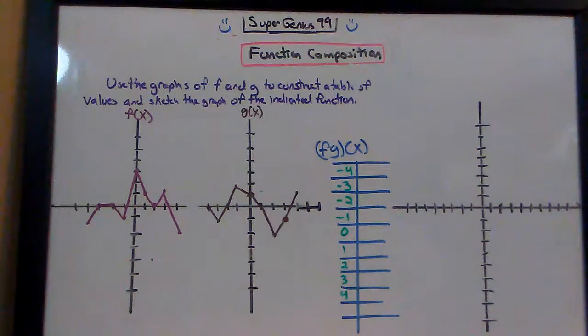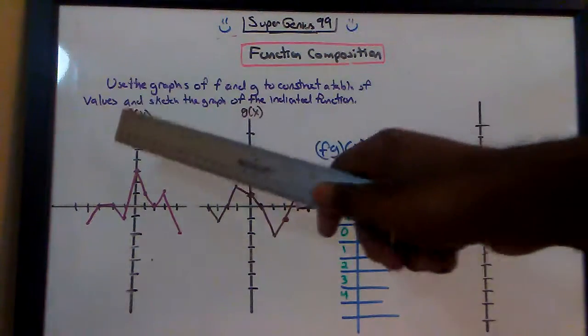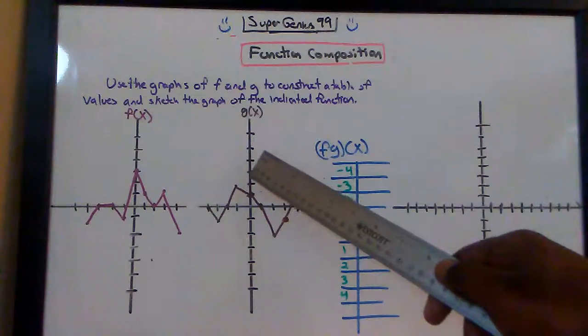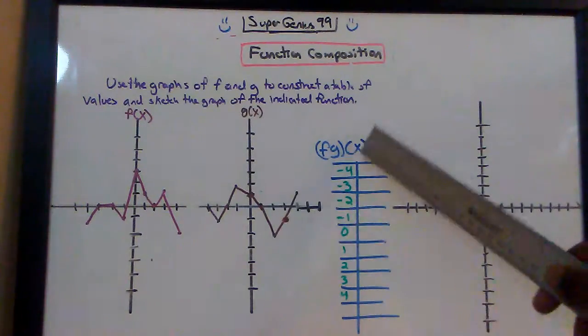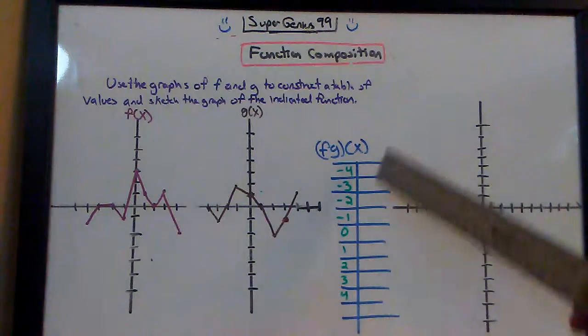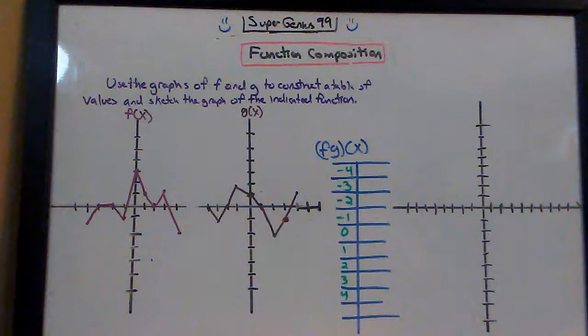So basically we're going to take a value from the f function, a value from the g function, and multiply them together. And here's the x values, and we're going to get the corresponding multiplication of the y values that correspond. Okay, so we're going to start, as you can see up here, from the most negative x.